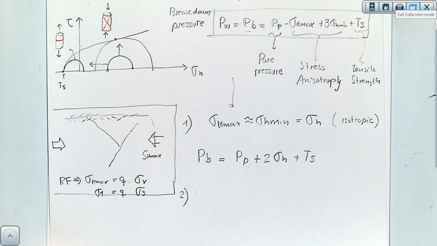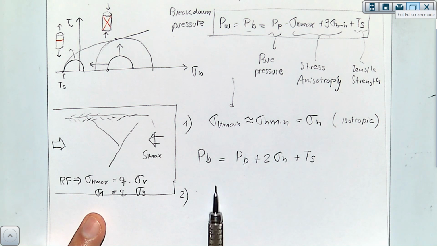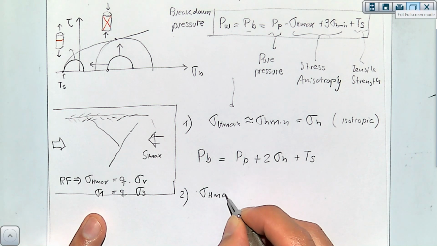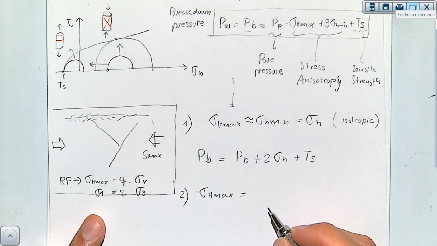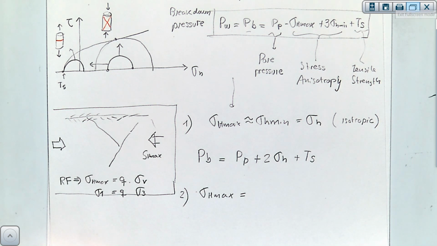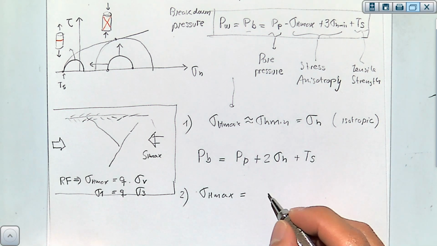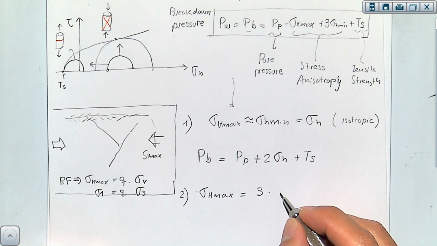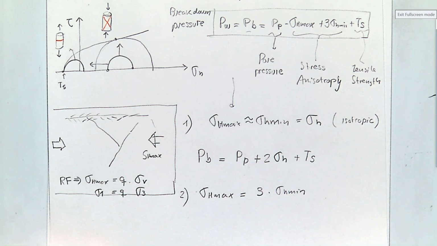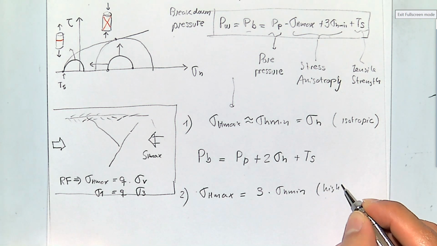For normal faulting, it's similar, but now sigma 3 is going to be sigma h min, sigma 1 is going to be sigma v, and the strike slip is going to be between sigma H max and sigma h min, correct. So then for the case of extreme anisotropy, and you remember for a friction angle is this. So let's say this is equal to 3 sigma h min.